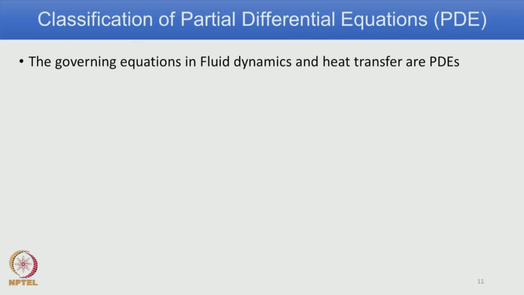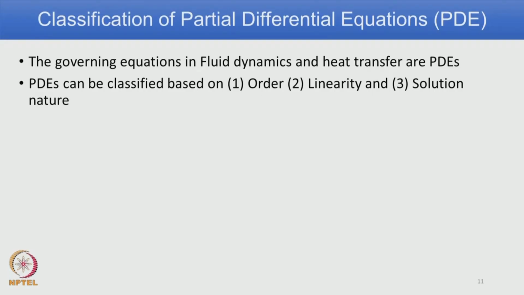So, we move on to the next topic, that is classification of PDE. We have already seen, here in fluid dynamics as well as in heat transfer, most of the transport equations are all PDE. In general, PDE can be classified based on order. We have already seen first order, second order, fourth order, based on linearity, and similarly based on the solution nature.